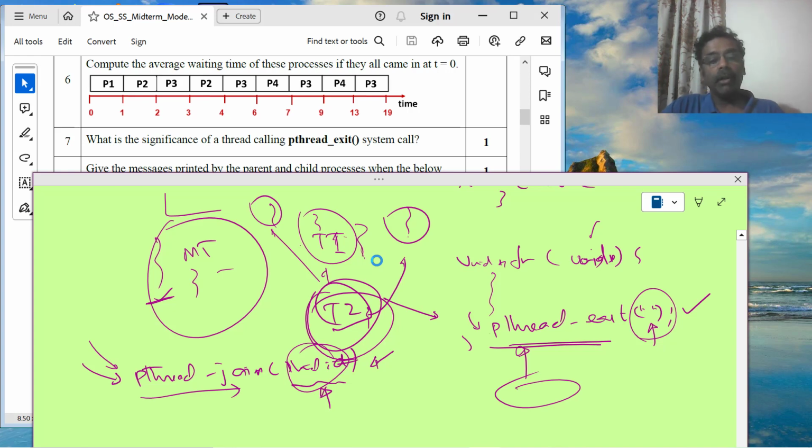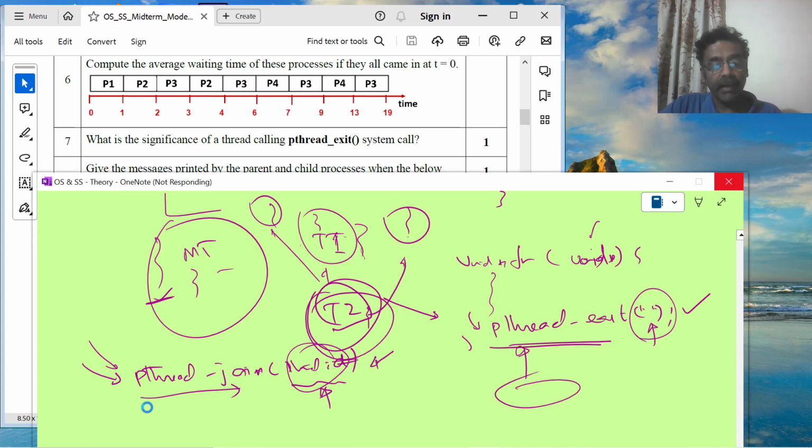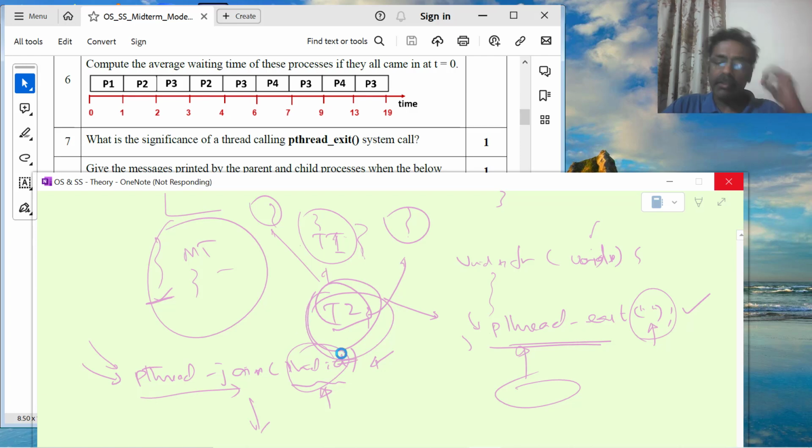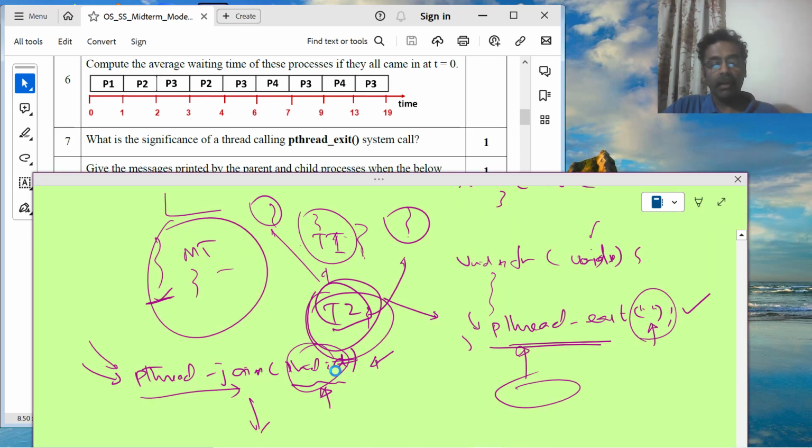You cannot write your program imagining it will happen in a particular order. That is why these functions are provided. If you want some thread to complete before you start further processing, you have to execute pthread join, which will make sure that what you are waiting for has completed its execution, and you can continue further.